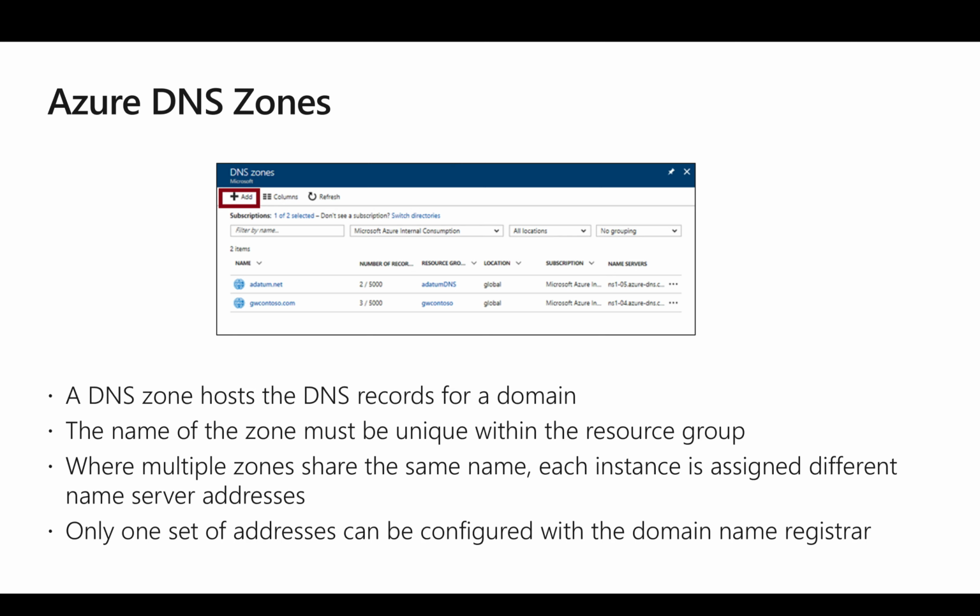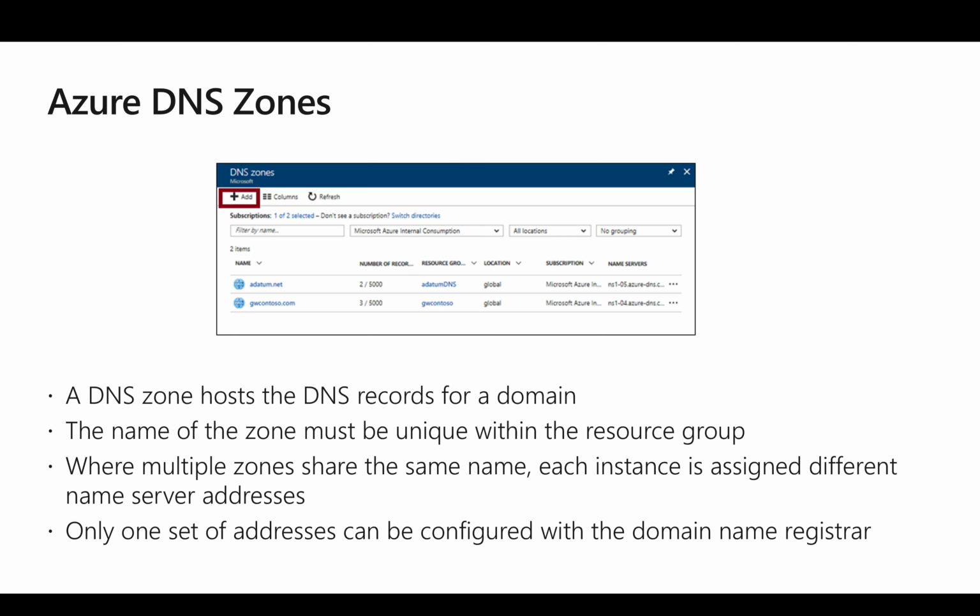And we have what we call a DNS zone, and we can create multiple DNS zones as per the requirement, and we can provide any names. Say for example, we have adatum.net in this particular example, and we can create even the same name in a different resource group as well.